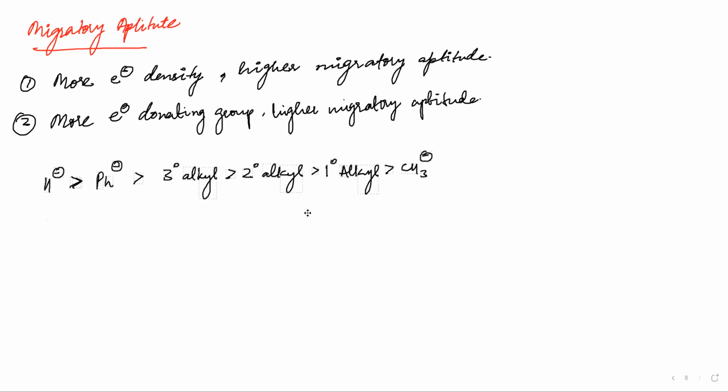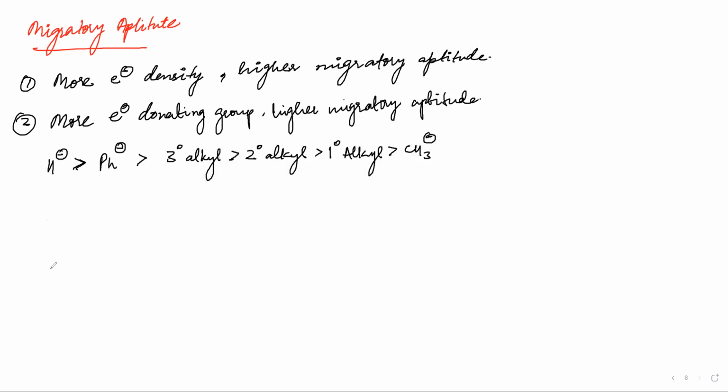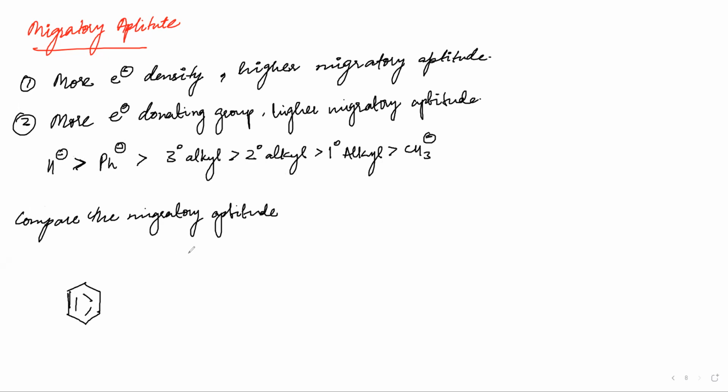Now, you will be seeing questions like this. Compare the migratory aptitude. You will be given something like this, which is a benzene ring, attached to something. Then you have another benzene ring which has a NO2 group.